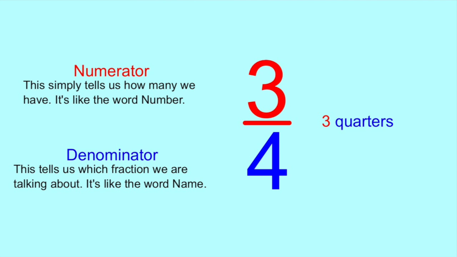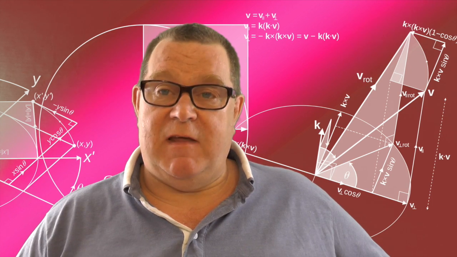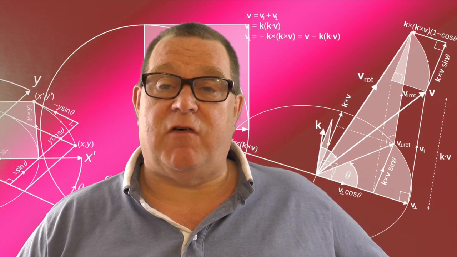Now if we look at the other fraction, we have 3 for the numerator, so we're having 3 of this particular fraction, and the denominator is 4, which tells us the fraction is quarter or quarters. So we have 3/4.